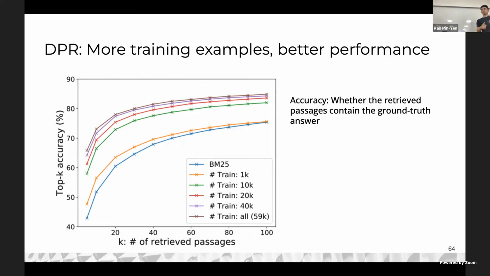To rephrase, let's say your test set has 10 questions. Your full data set is 59,000. And you select your x-axis K to be 100.